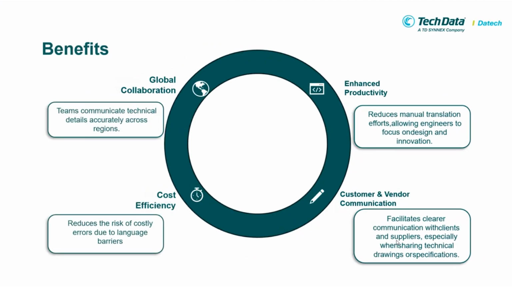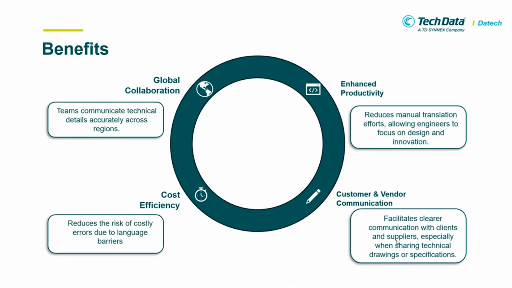The advantages, or the benefits, of utilizing the language converter start with global collaboration. Manufacturing companies often operate across multiple countries. The language converter helps teams communicate technical details accurately across regions. Enhancing productivity: it reduces manual translation effort, allowing engineers to focus on design and innovation.